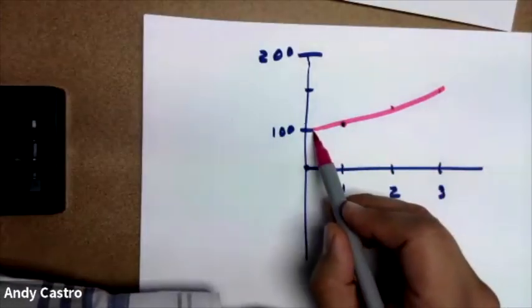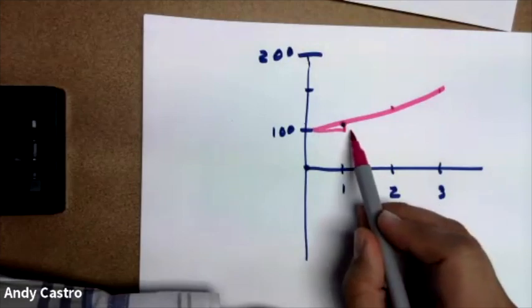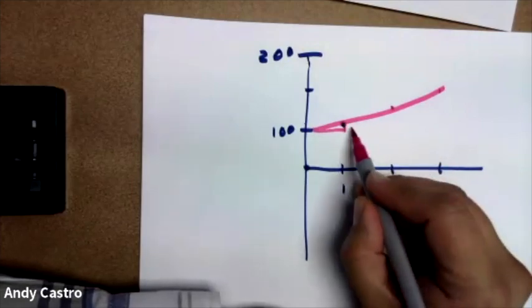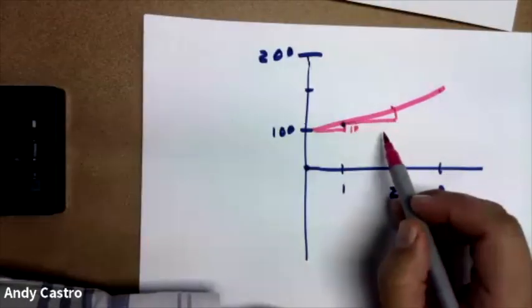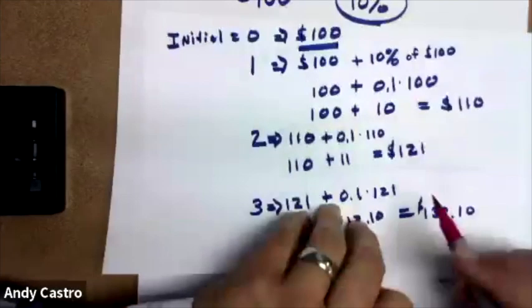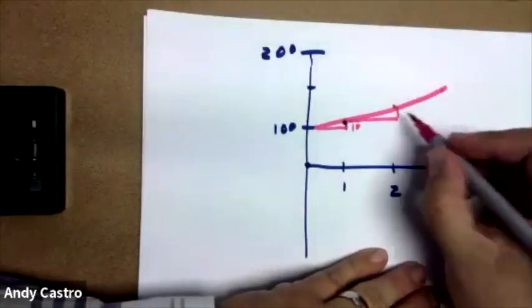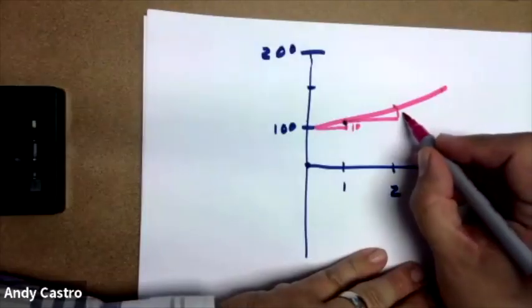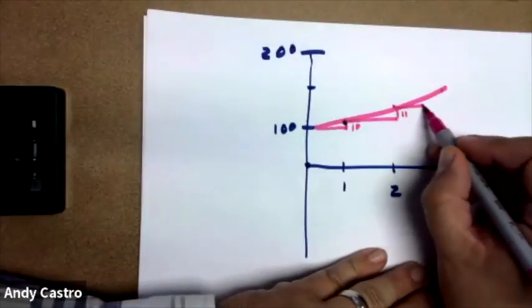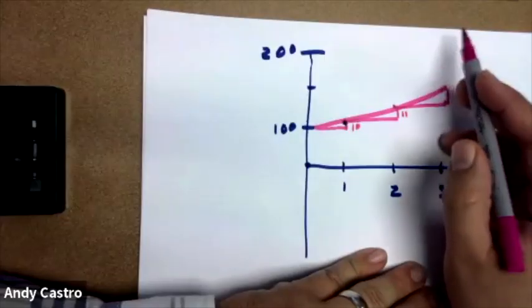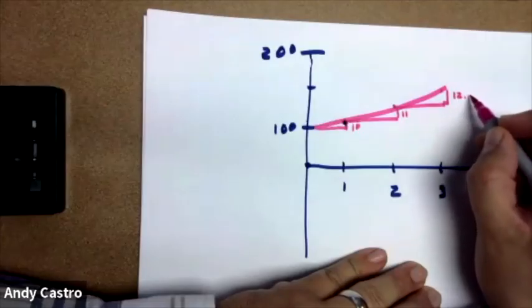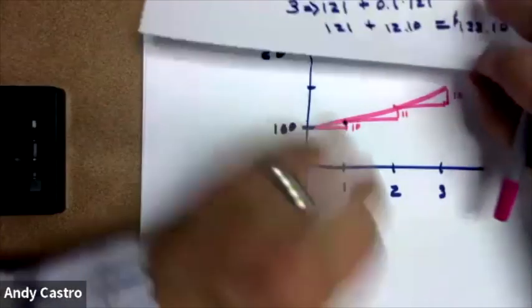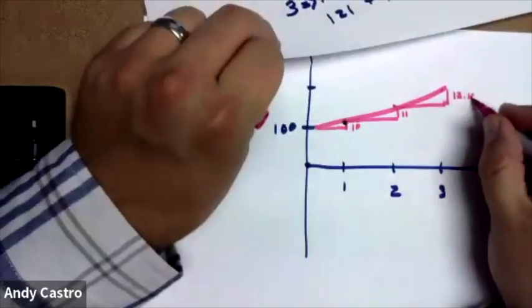And I know there is because the distance here, all right, between 100 and 110 is 10. But the distance here between 110 and 121 is 11. And then the difference between 121 and 133.10 is 12.10.